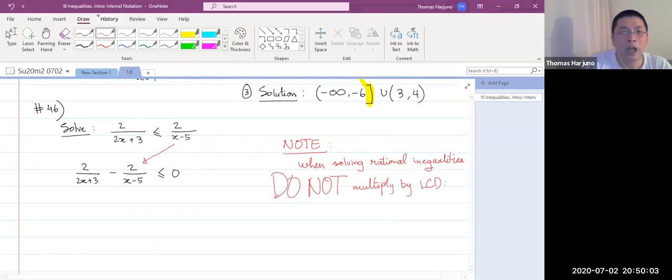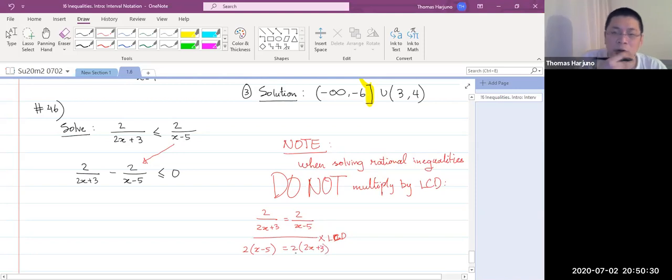If we had the equation 2 over 2x plus 3 equals 2 over x minus 5, we can multiply by the LCD such that we get 2 times x minus 5 equals 2 times 2x plus 3.